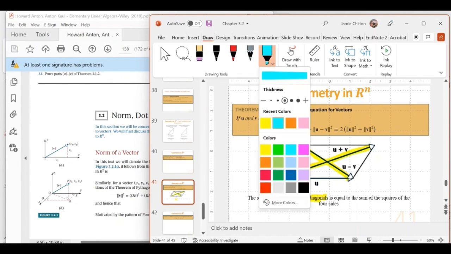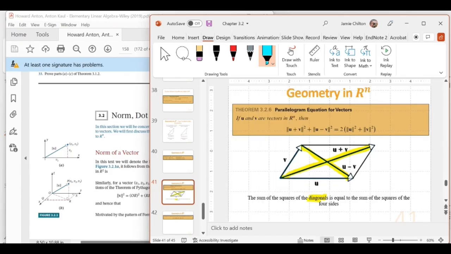Basically, the sum of the squares of what's in yellow is equal to the sum of the squares of all four of these sides. That's what this theorem is telling us, so make sure you take note of that equation.